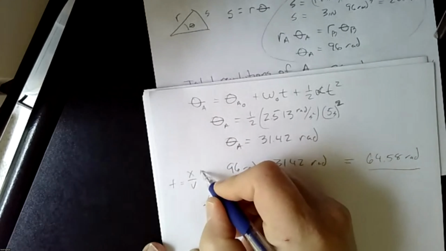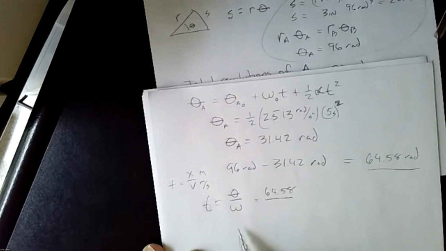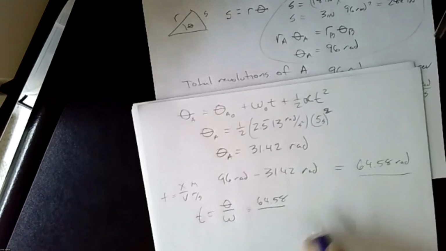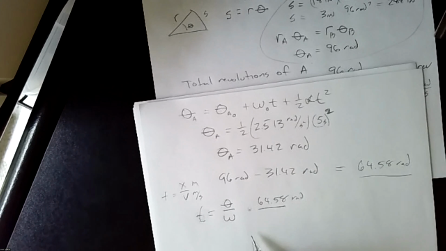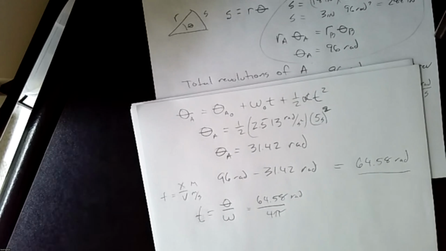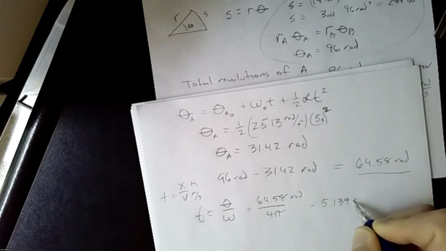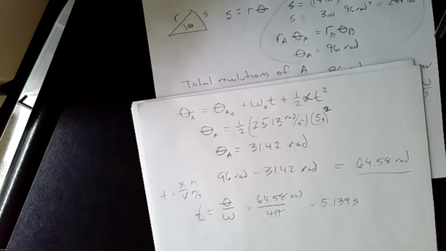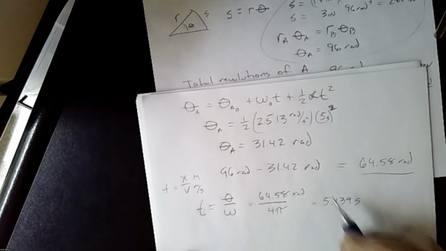So 64.58 radians over 4 pi gives me a total of 5.139 seconds.